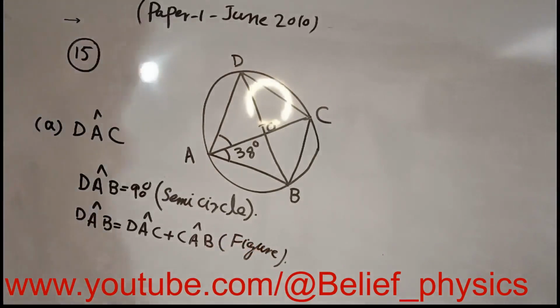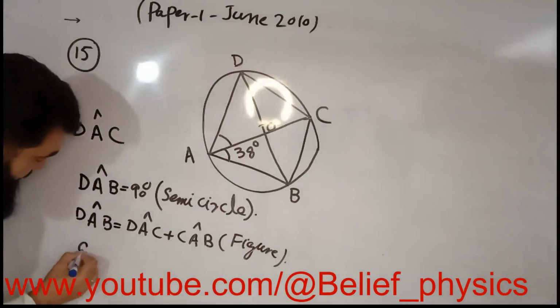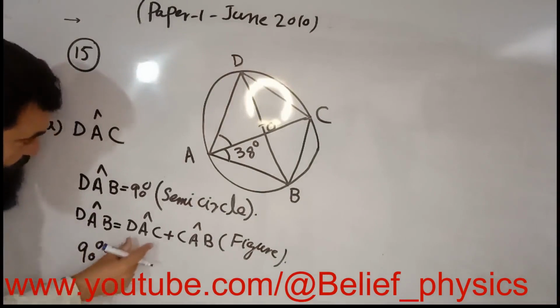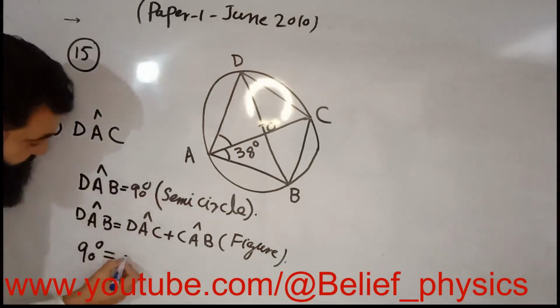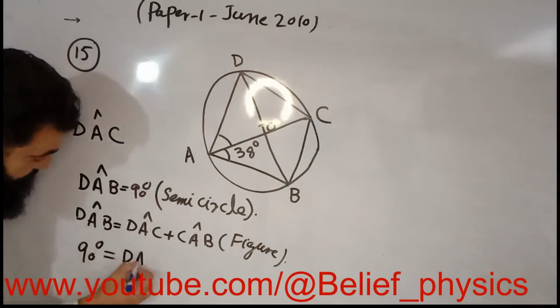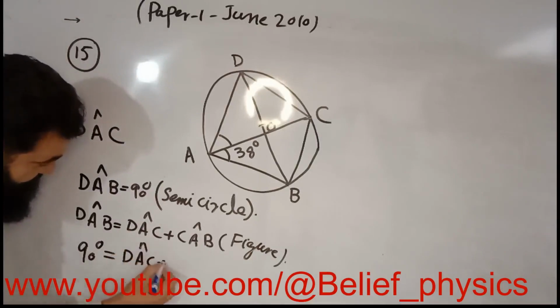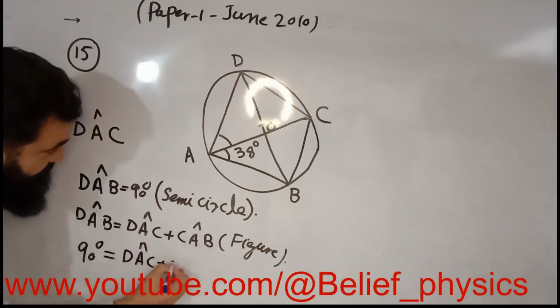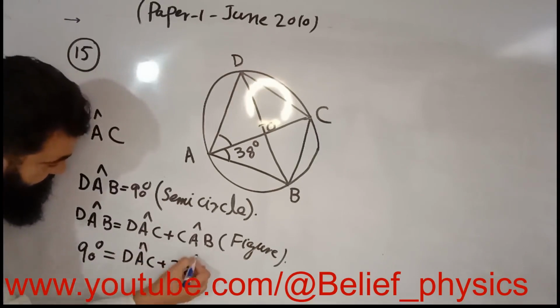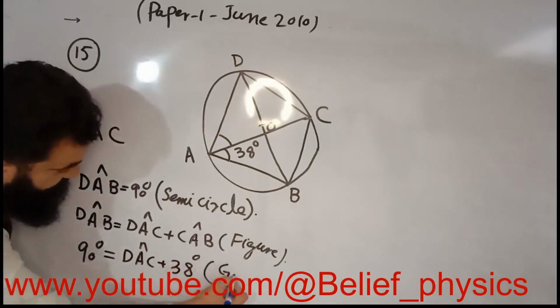Now put the values of DAB, DAC and CAB. We know the value of DAB. DAB is 90, so write 90 degrees is equal to DAC. We have to find DAC, so it is unknown. DAC plus CAB is 38. It is also given in the figure.